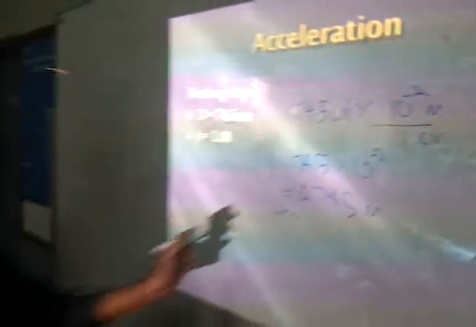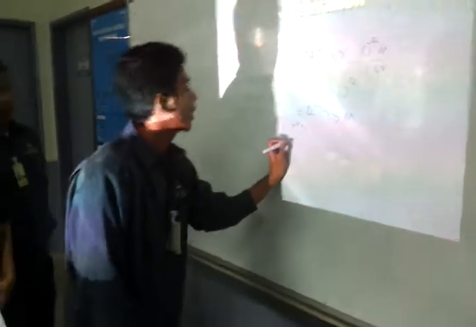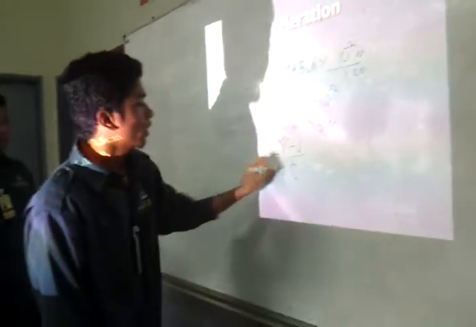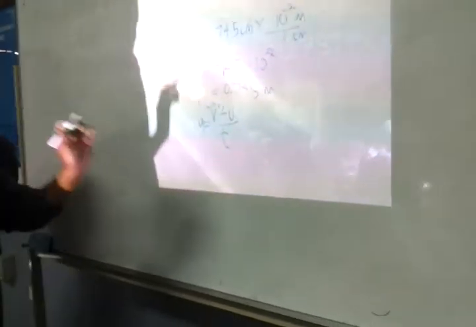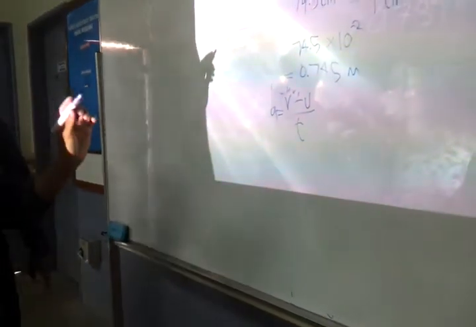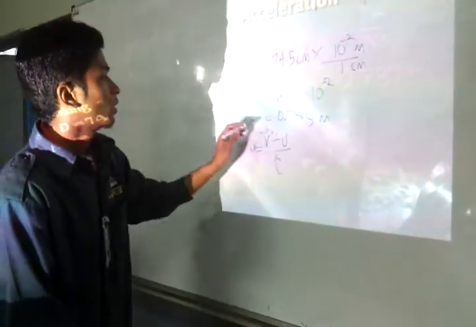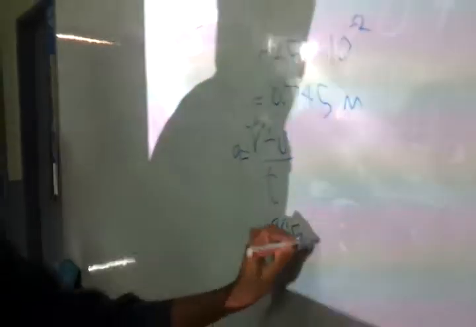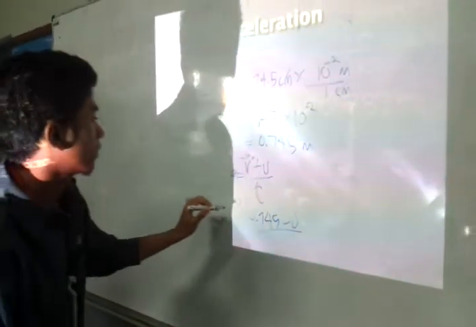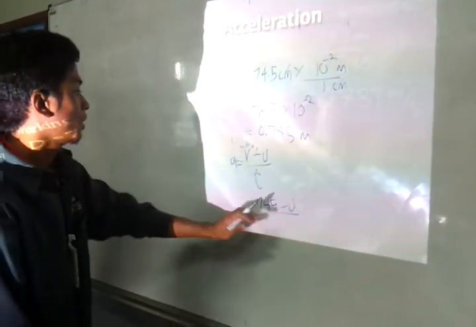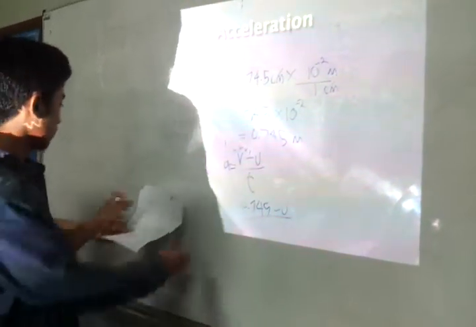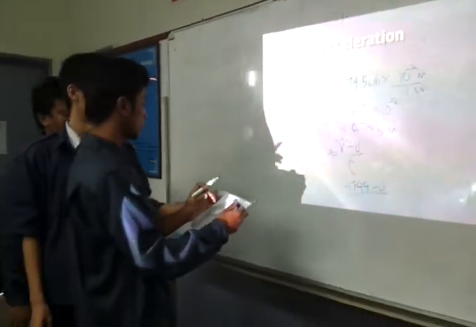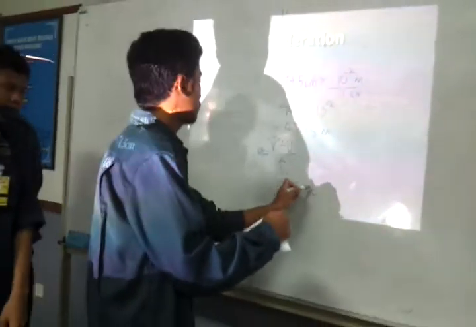So to get the acceleration, use this formula: final velocity minus initial velocity over time. So define the final velocity. Final velocity is 0.745 minus 0. Okay, first we find the velocity.